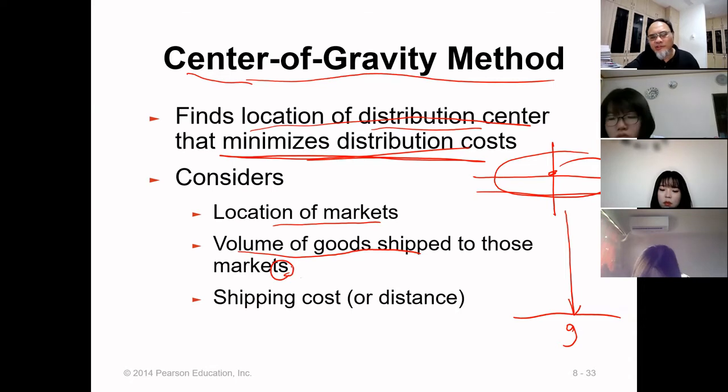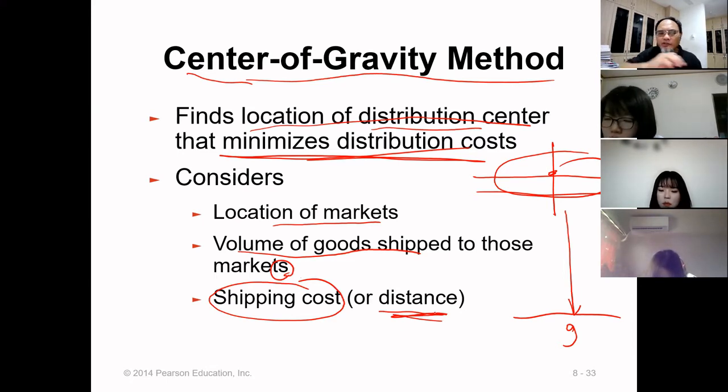You only consider the shipping or transportation costs, which depend on the distance that the goods need to travel.